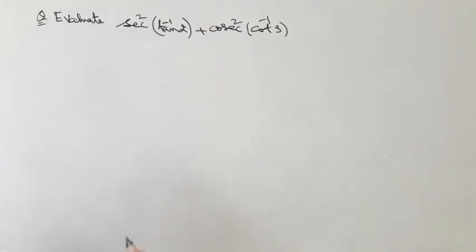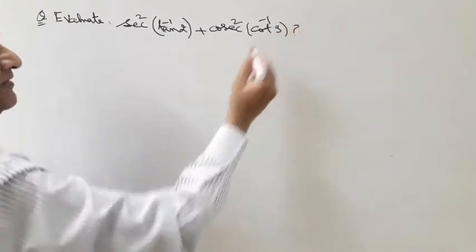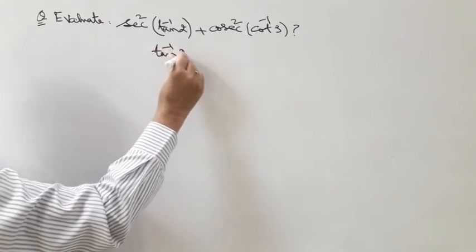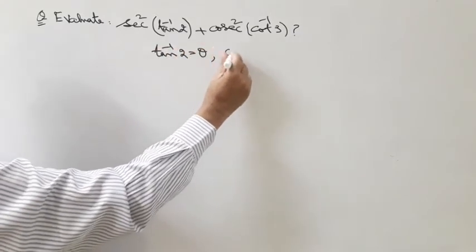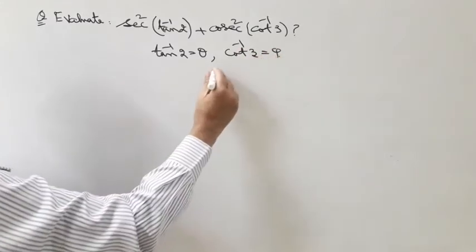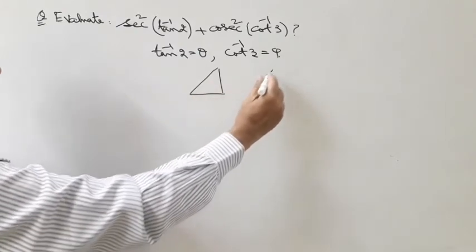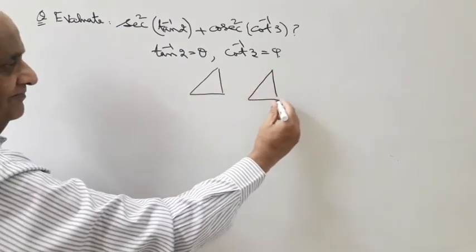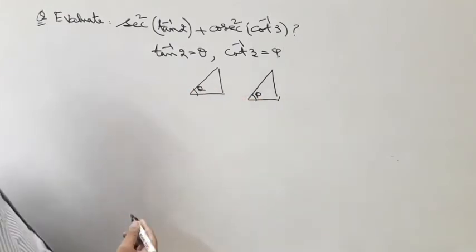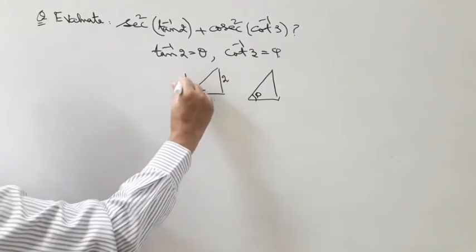So in such cases, he says find the value of this. I just take up tan inverse of 2 is equal to θ, cot inverse of 3 is equal to φ. So if I draw two triangles, one for θ, another for φ, this is θ, this is φ. So tan θ is 2, it is 2 over 1. It is under root of 5.